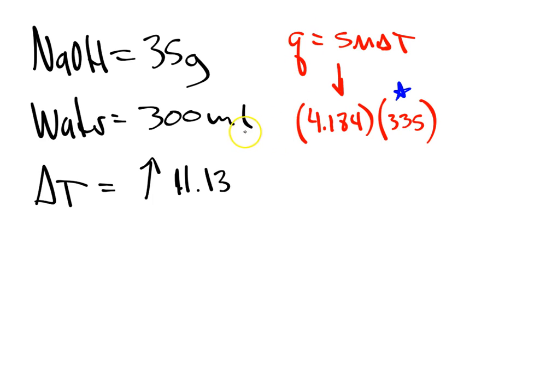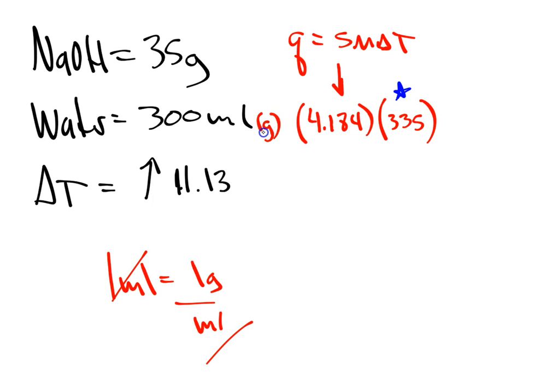Because remember, the density of water is 1 gram per milliliter, so really it's just a 1-to-1 ratio. This is 300 milliliters, but it is also 300 grams. You okay with that? Okay, the change in temperature is 11.13.